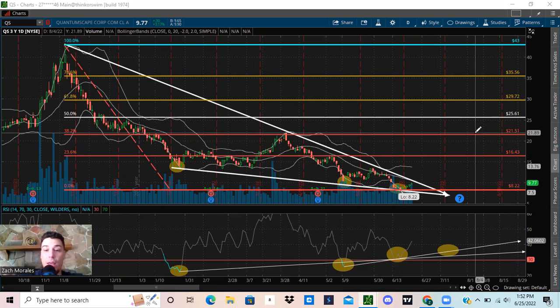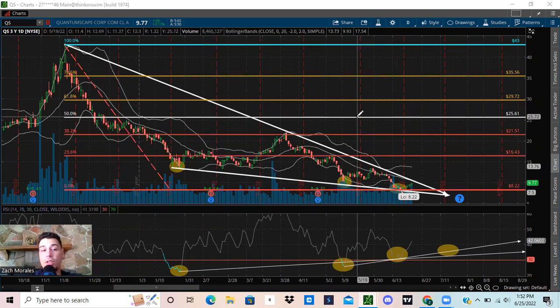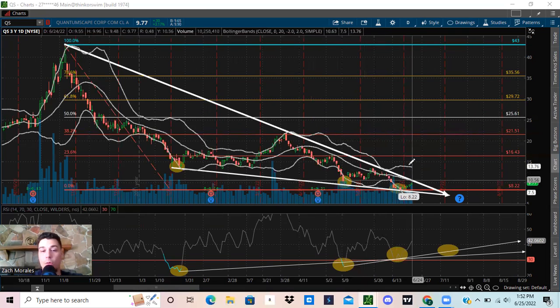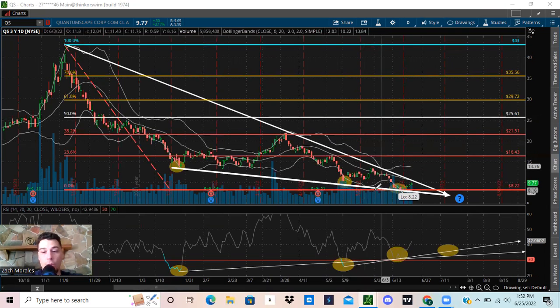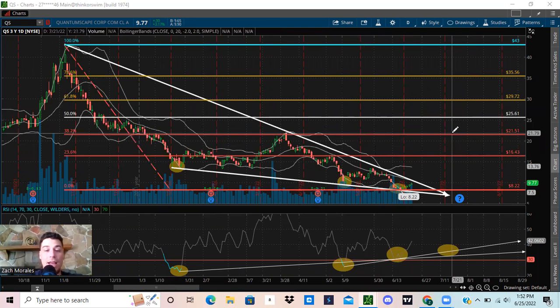If we are able to get past those, then 2561 is going to be a little bit of resistance as well. And once we flip that, we're above our 50% on the fibs, and that could be a sign that we're breaking this downtrend. But until then, those are going to be some major resistances that I think are going to be very hard to overcome in this bear market.